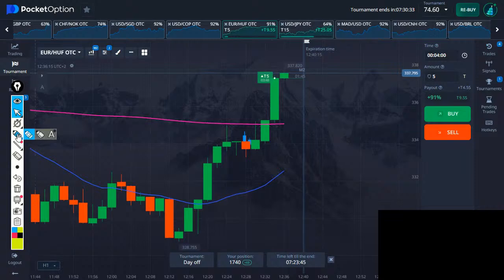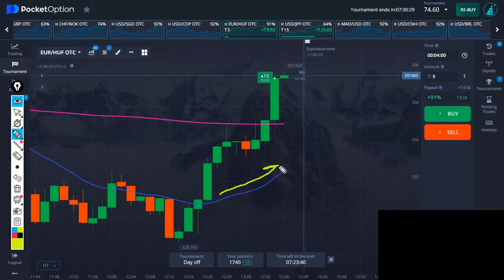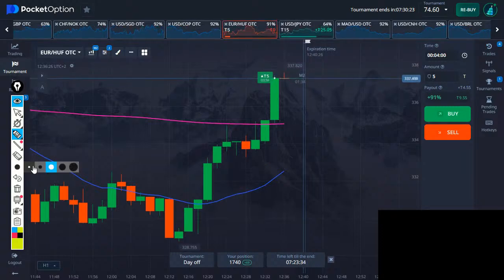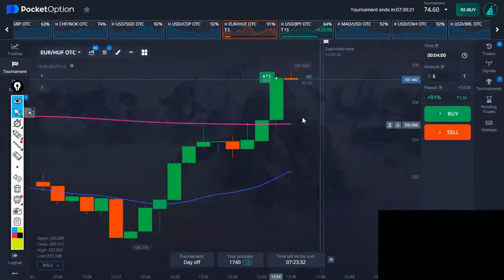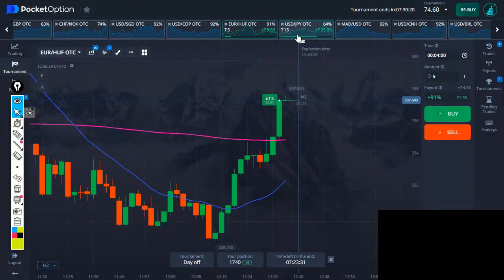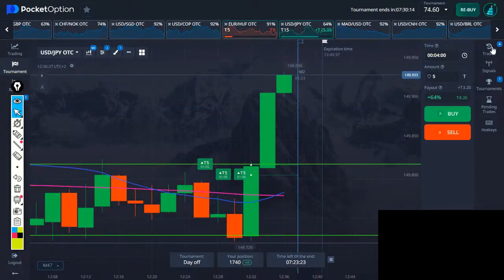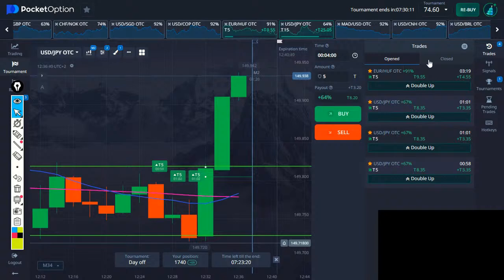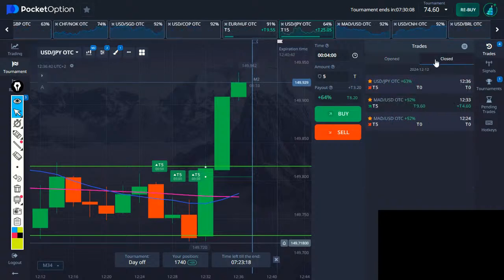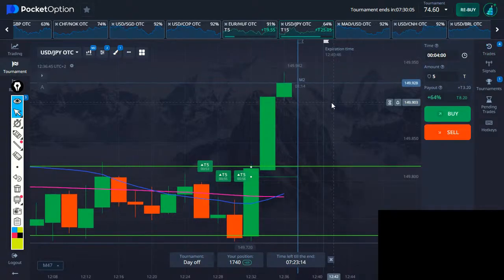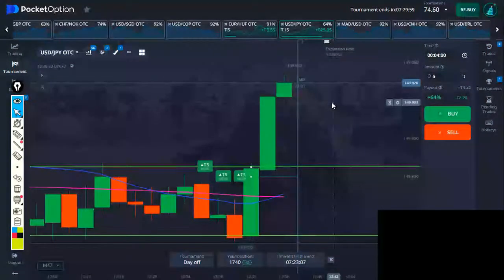And we are moving with the direction of the 20 moving average. Nice. This is playing very beautifully.